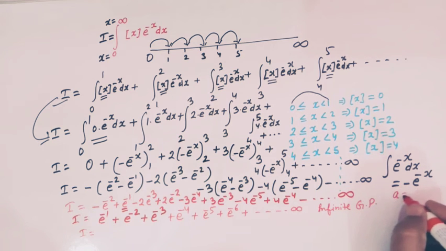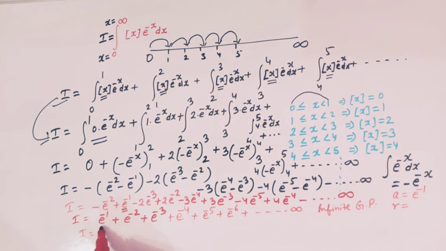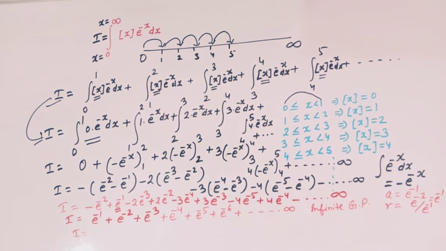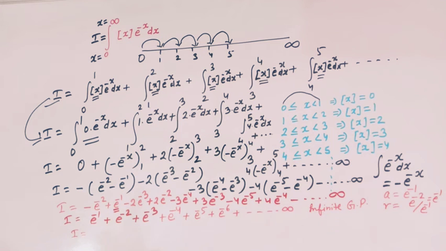So a is e raised to minus 1, and the common ratio of this infinite geometric progression is given by r is equal to second term divided by the first term, right? So e raised to minus 2 divided by e raised to minus 1, which is e raised to minus 1, right? Okay, so now we have to find the sum of this infinite GP.